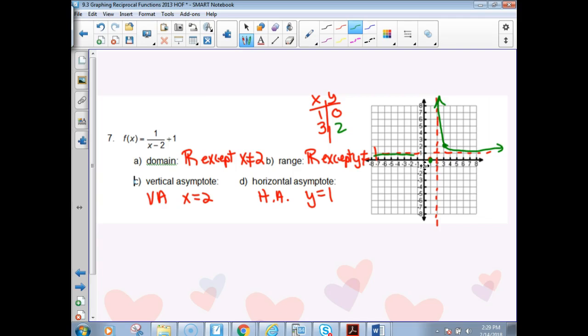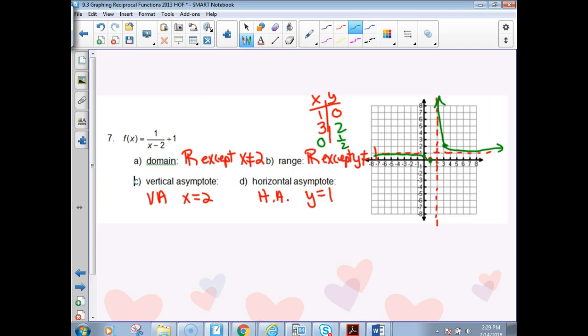Now, notice that there's going to be a y-intercept. That might be something I would like you to be able to tell me. So that means you would stick in what for x? If you're going to find me the y-intercept. 0. Okay. That would be -1/2 plus 1, which is +1/2. (0, 1/2).